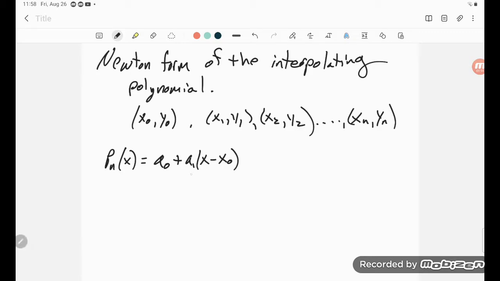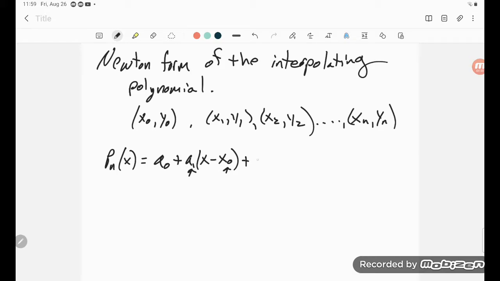So what we're going to do is for each coefficient, a sub i, we're going to do x minus an x sub j, but we're going to do all of them such that the subscript here is smaller than the subscript there.